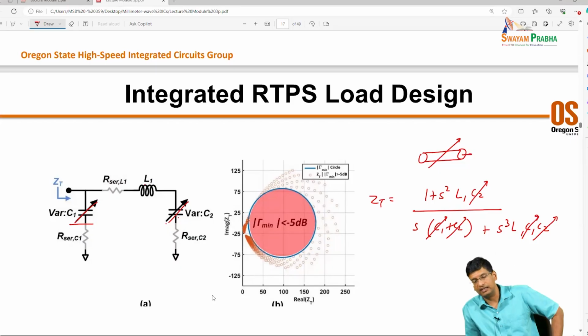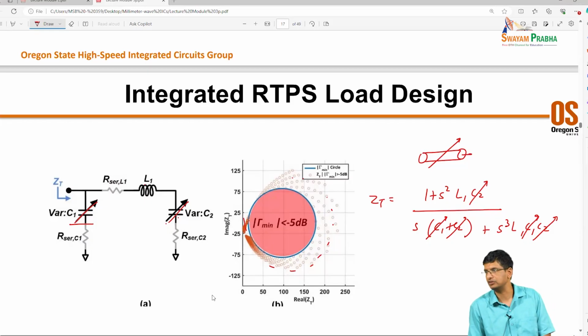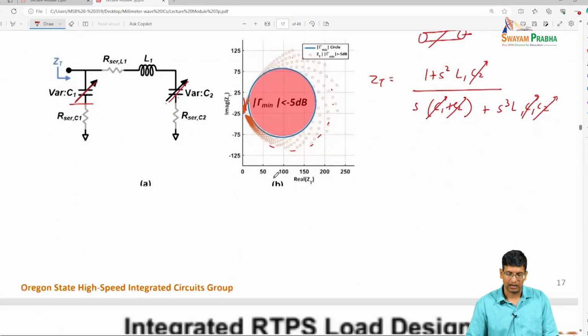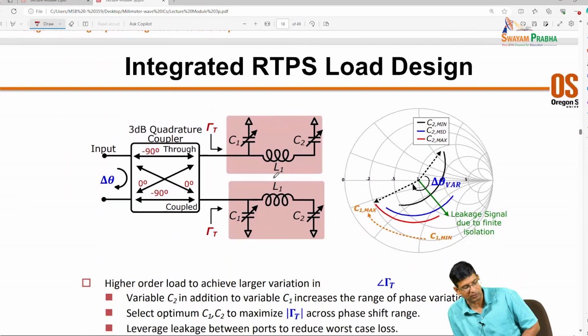So by varying these terminations, what you can then do is look at all the points that you are getting on the imaginary and real part. And again, what you want is full coverage around this region, but never anything inside this region, to avoid losses, right?